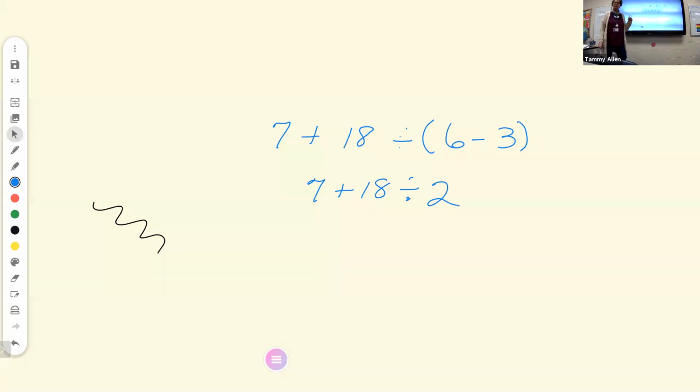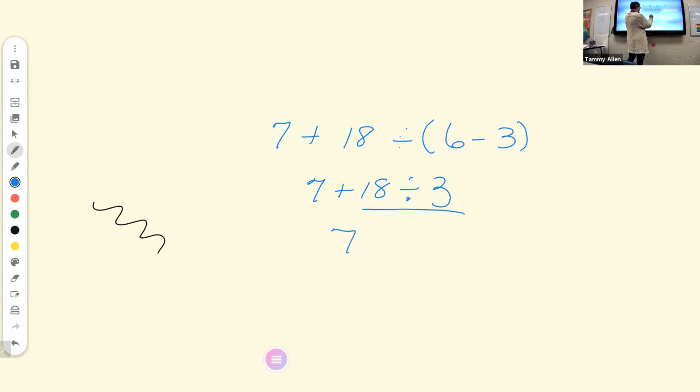Okay? What would we do next? What did I do? I was doing division, wasn't I? I was back at that division sign, wasn't I? Yep. Trying to talk and walk and write and turn. 18 divided by 3 equals 6.